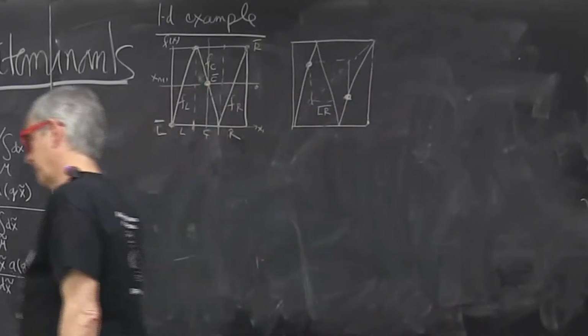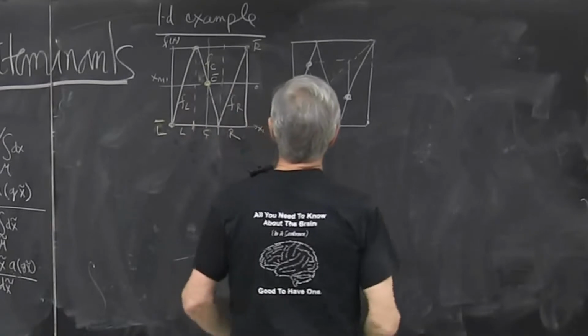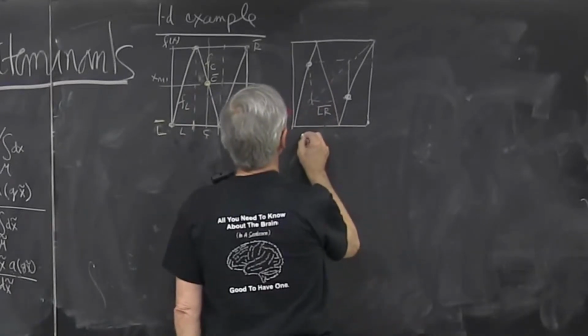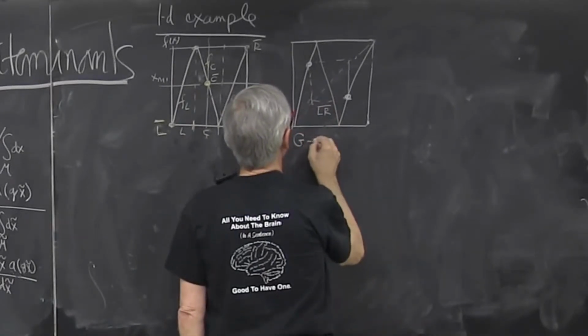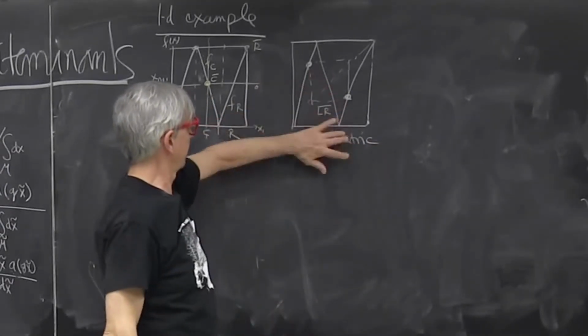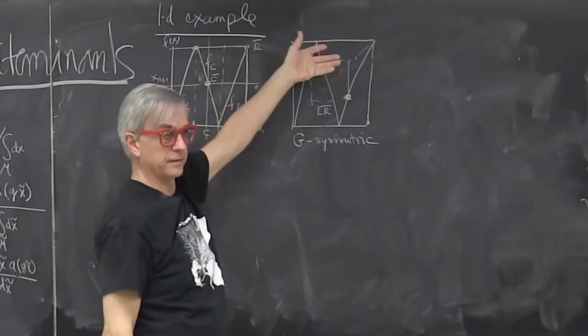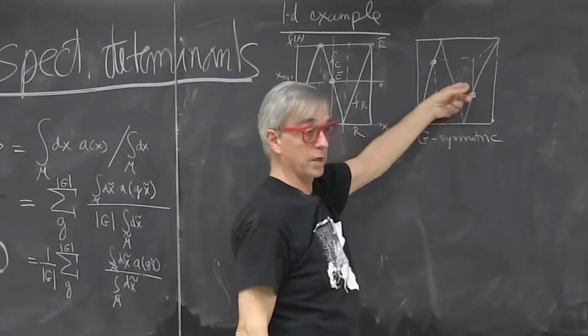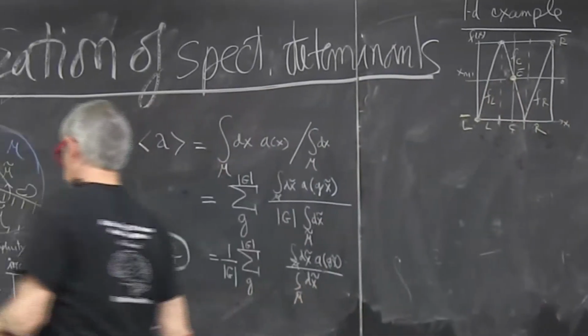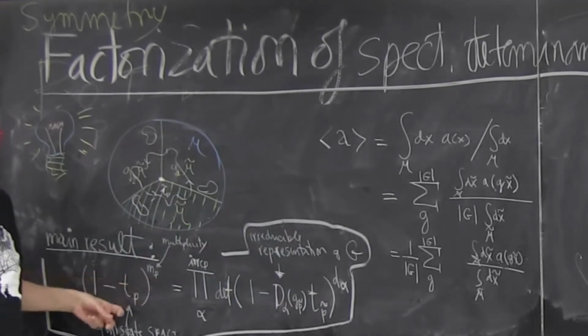And this cycle is G-symmetric. Because when we flip the whole thing, the only thing that happens is the 2 points get exchanged, but the cycle doesn't get changed. So there's only one of those. So that's an example of a 2-cycle whose multiplicity is 1.